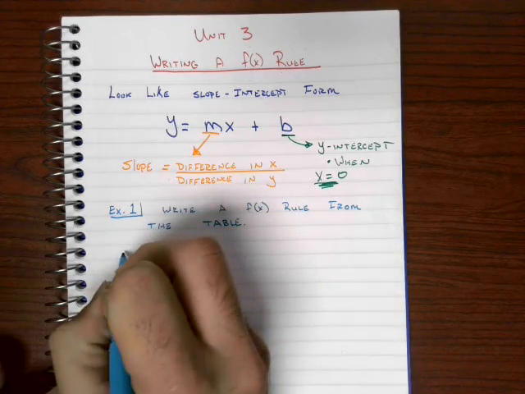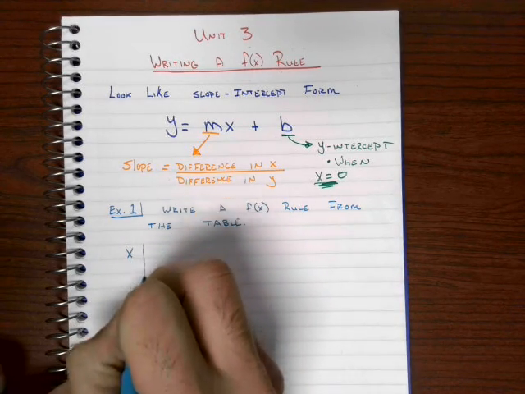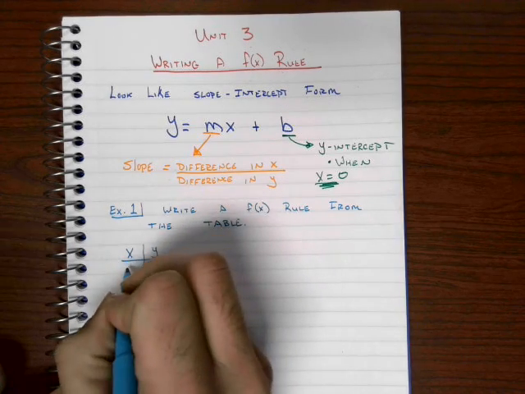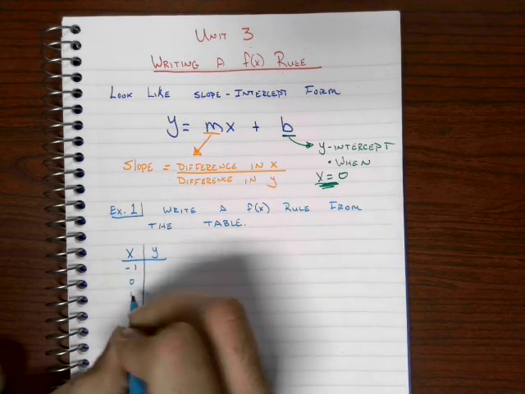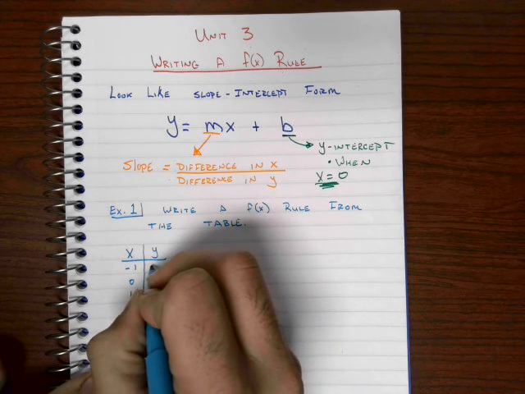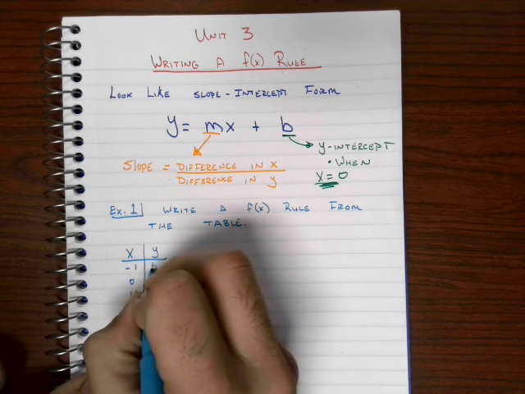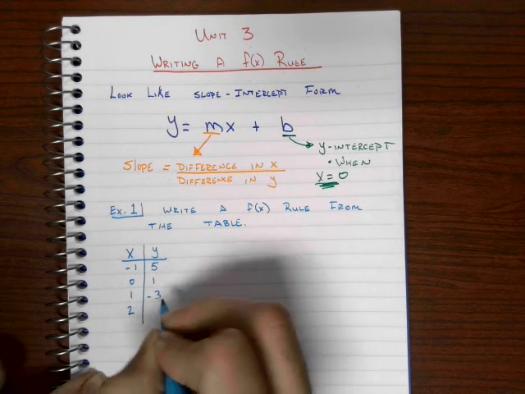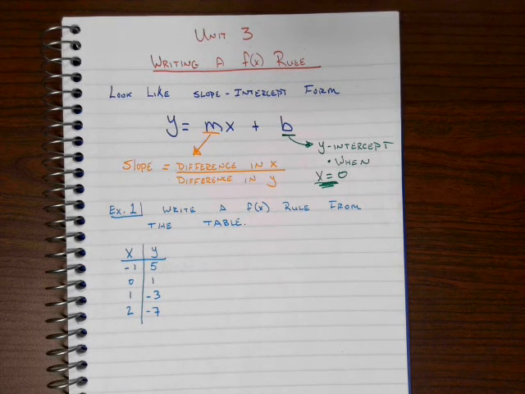It's going to have an x and a y. And we're going to have different values. So we'll say -1, 0, 1, 2. Let's go 5, 1, -3, -7. We're going to write a function rule.